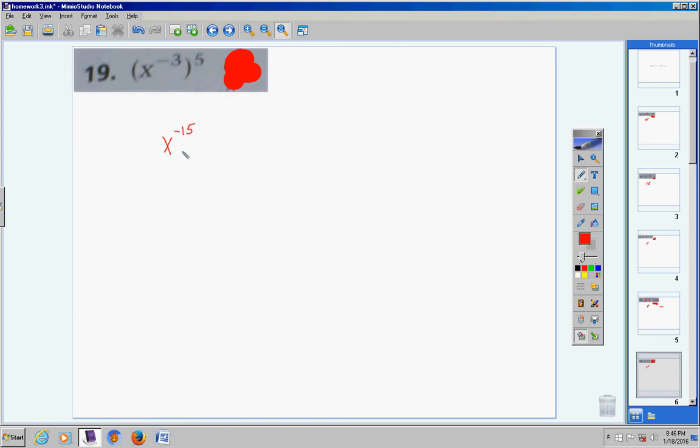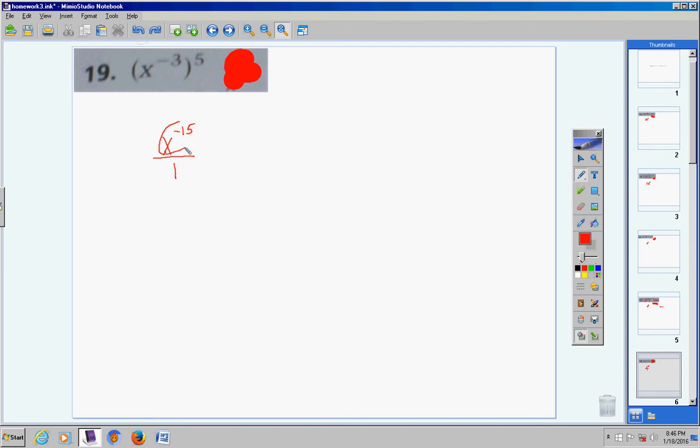Now, we do not want a negative exponent, so remember, x to the negative 15 is really over what? 1, okay? You can put anything over 1. Now, the power of the 1 is 1. That's a positive 1. So we do not need to move this. However, the power of the x is negative 15.